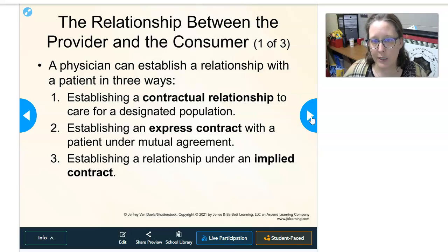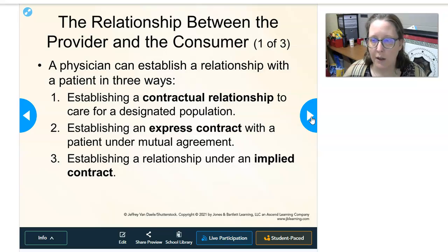So a physician can establish a relationship with a patient in three ways. You can establish a contractual relationship to care for a designated population. So they are caring for all the enrollees of a specific plan, right? Especially like we see in managed care. You can establish an express contract with a patient under a mutual agreement.